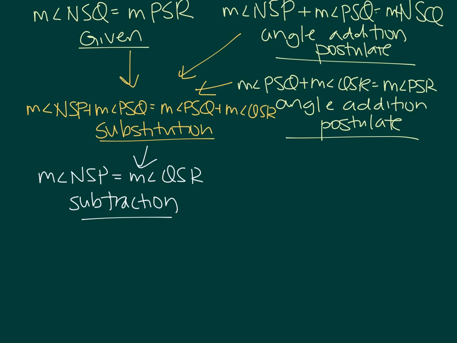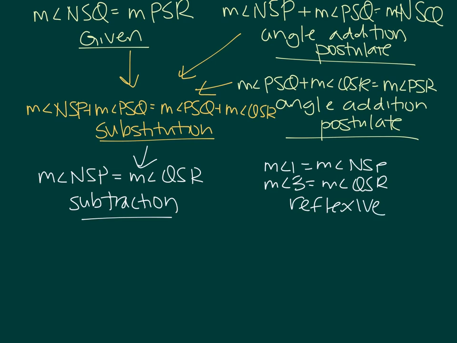Okay, now off to the side, I know that the measure of angle 1 is equal to the measure of angle NSP, and the measure of angle 3 is equal to the measure of QSR. And I'm just going to say that's reflexive. And that's because we know that the measure of angle 1 is the same thing as NSP and 3 is the same thing as QSR, and that they're just having different names.